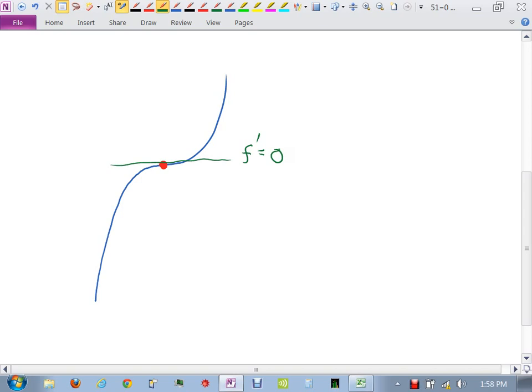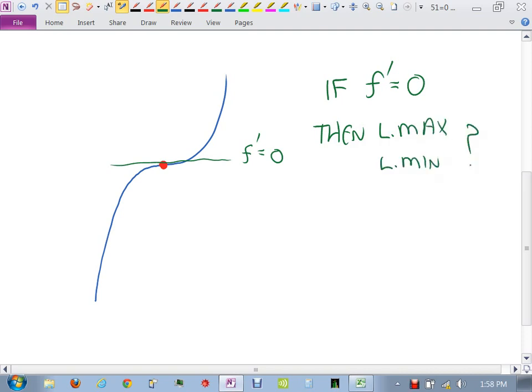No. So if the derivative is 0, then local max, local min, true or false? If your derivative is 0, does that guarantee you local max, local min? No, that's false.